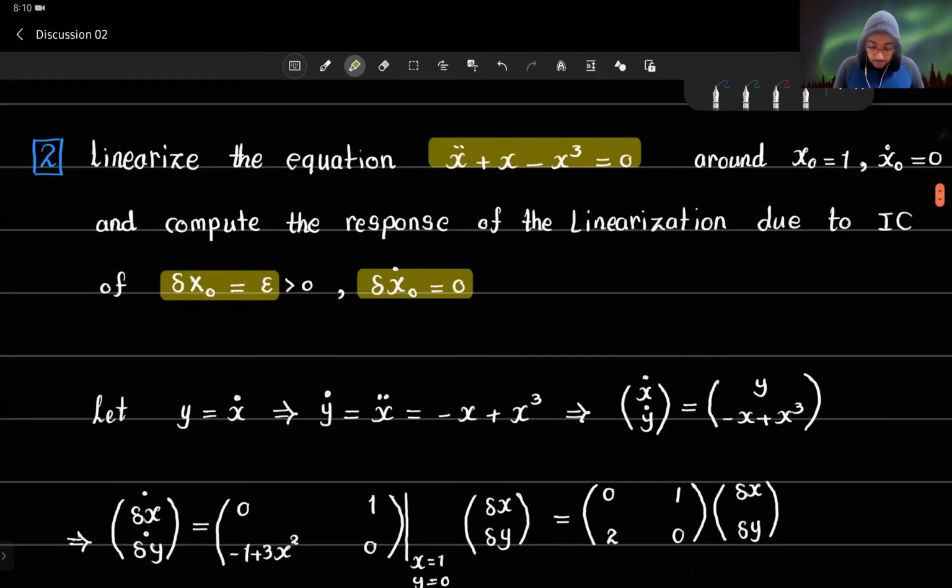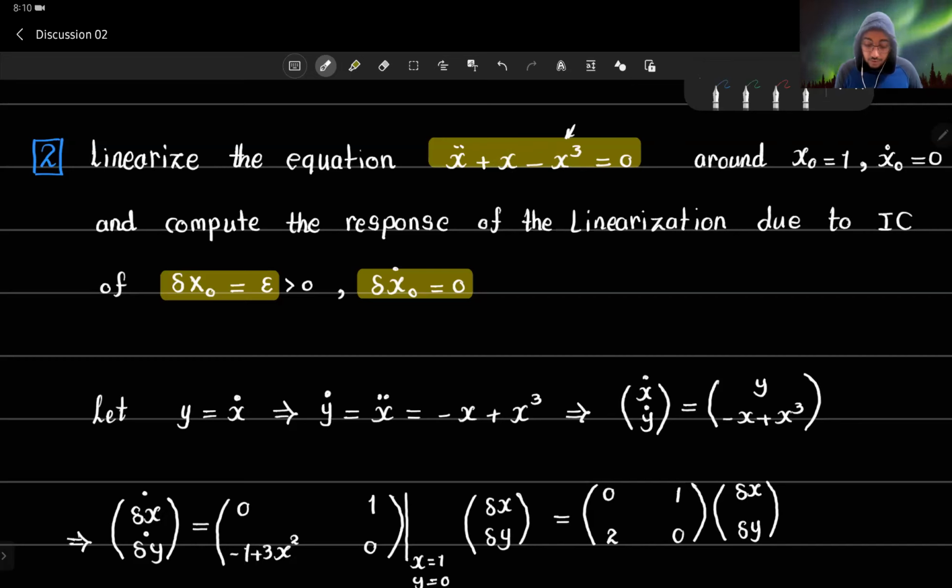So first we notice that the nonlinear term here is the x cubed. Okay, and so this can represent, for instance, a spring or a softening spring, because we have x. This can be thought of as the traditional spring.